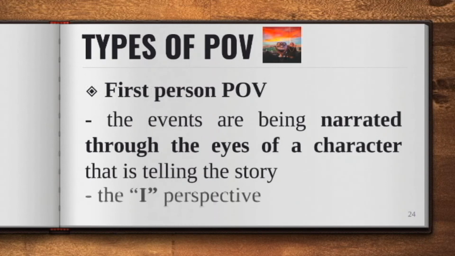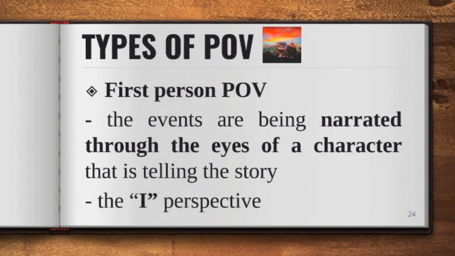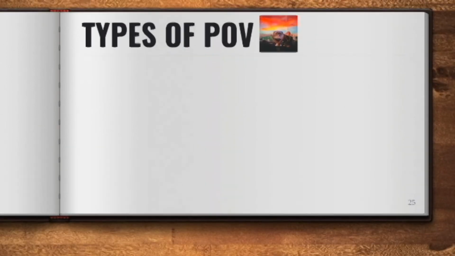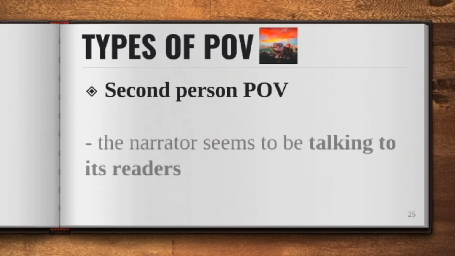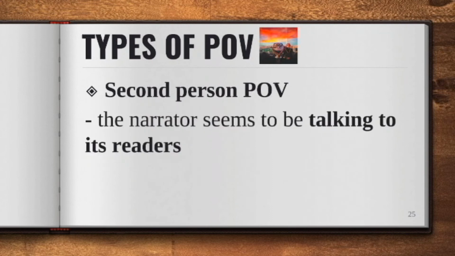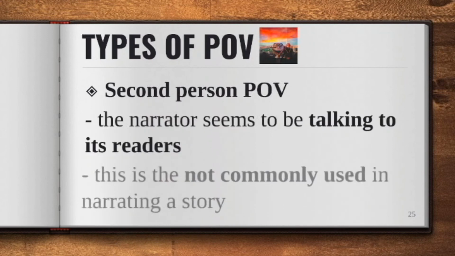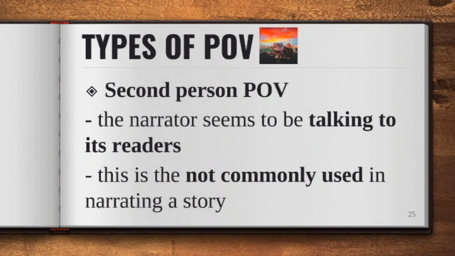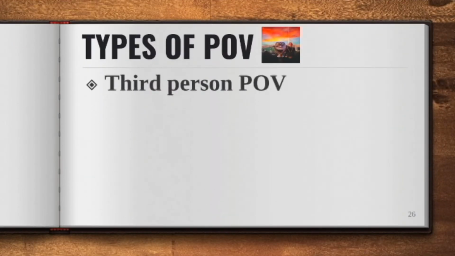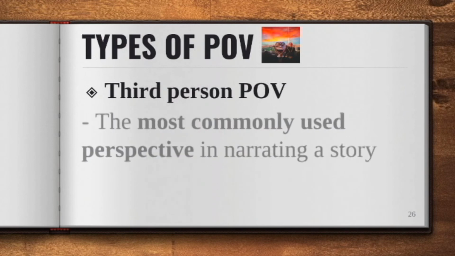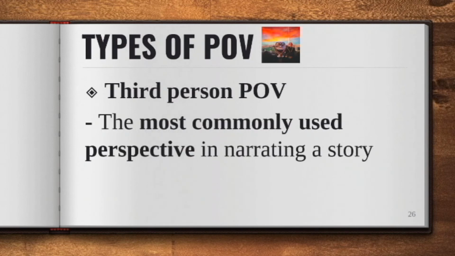It can be said that this is the "I" perspective, since the pronoun I is used to refer to the narrator of the story. Second person point of view is when the narrator seems to be talking to the readers. This is not commonly used in narrating a story. On the other hand, the third person is the most commonly used perspective of narration in a story.